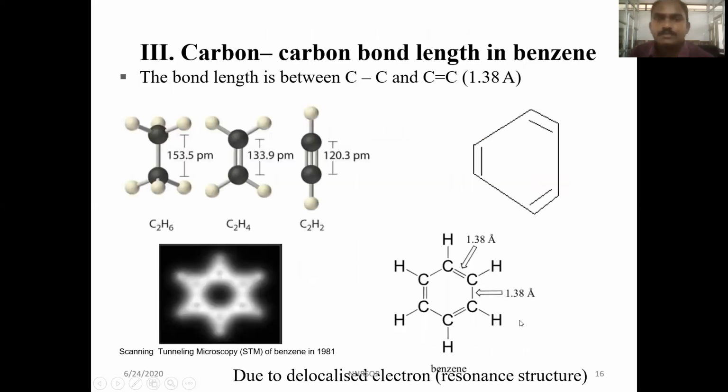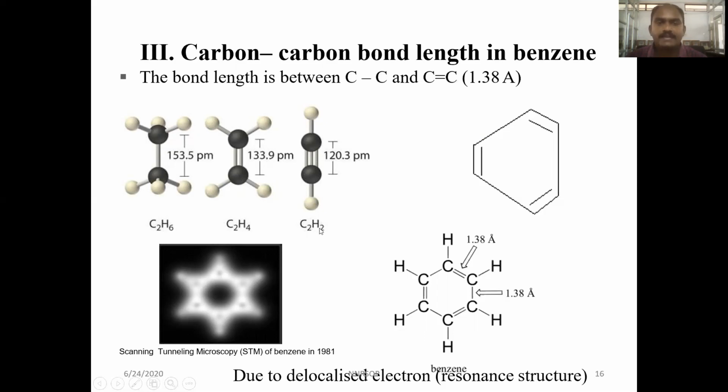When you come to the third point, the carbon-carbon bond length in benzene is the same. According to the structural theory, the carbon-carbon single bond in ethane is 1.54 angstroms. In alkene, ethene, the carbon-carbon double bond length is 1.34 angstroms.